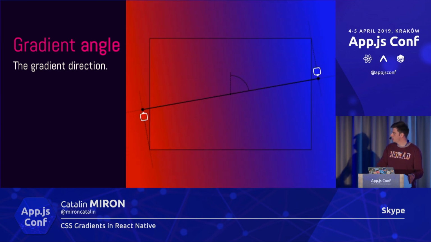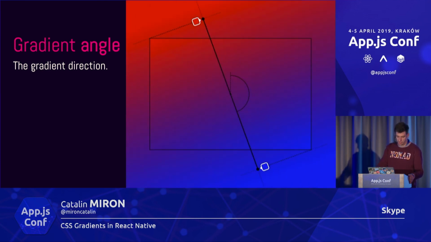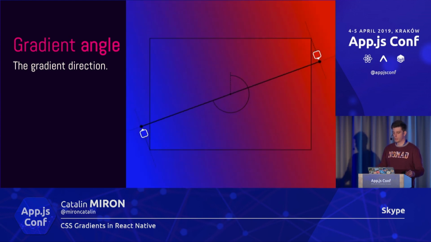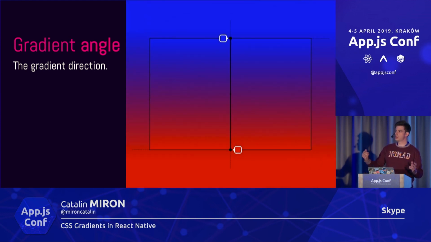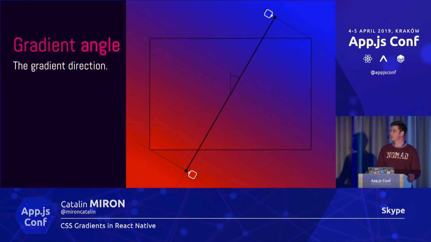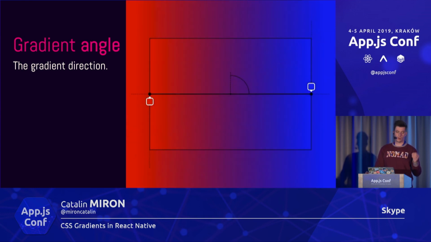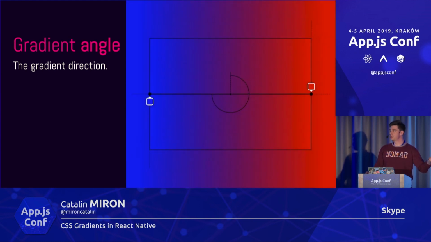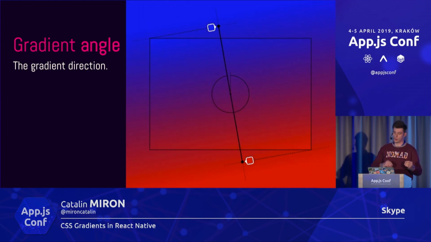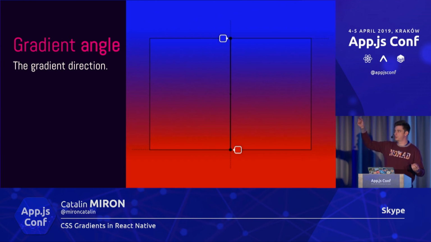As you can see in this animation, in order to create a gradient, let's say of 45 degrees, on the corner you'll have a pure red in our case, and on the opposite side you'll have a pure blue.